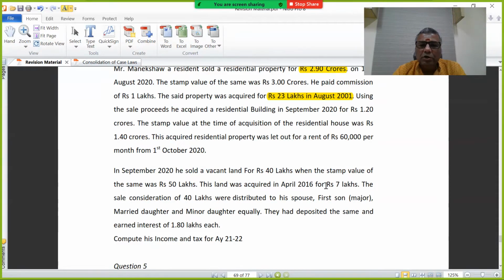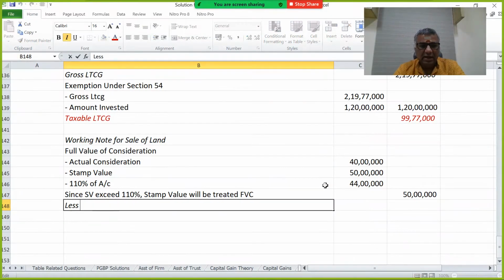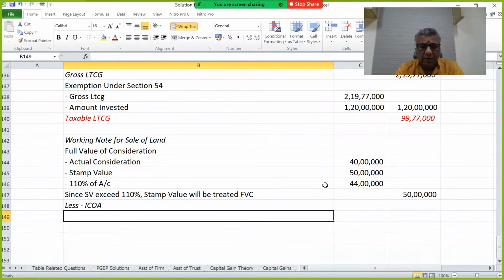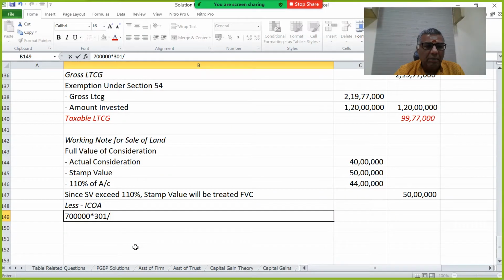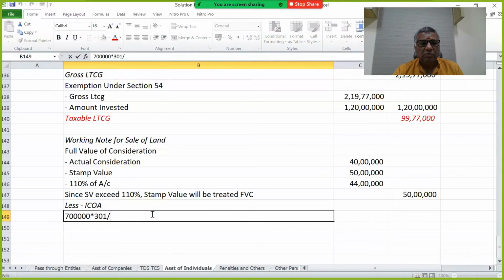This was acquired in April 2016 for 7 lakhs. Less ICOA: 7 lakhs into 301 divided by April 2016, my dear friends. The question says April 2016, so CII value will be that of 2016-17, which is 264.